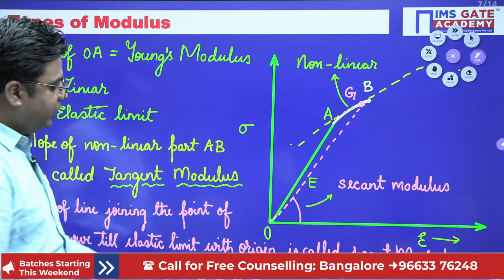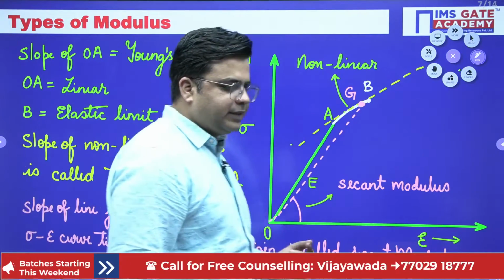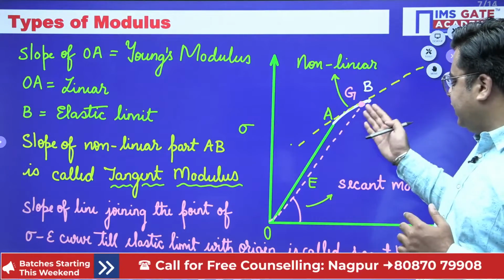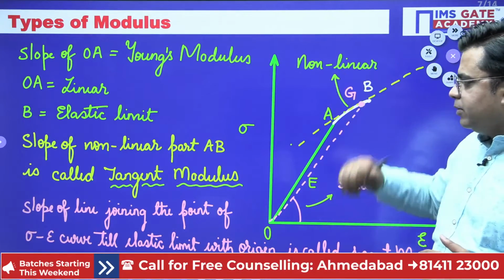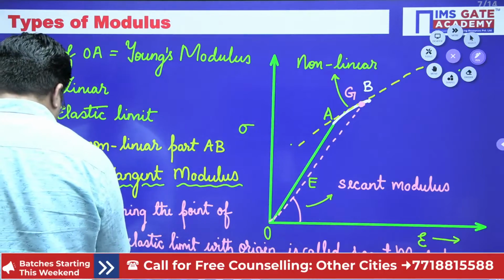So in the linear part OA, your secant modulus and Young's modulus will be same. But in the non-linear part AB, your secant modulus and tangent modulus will be different. So I'll just write this down.